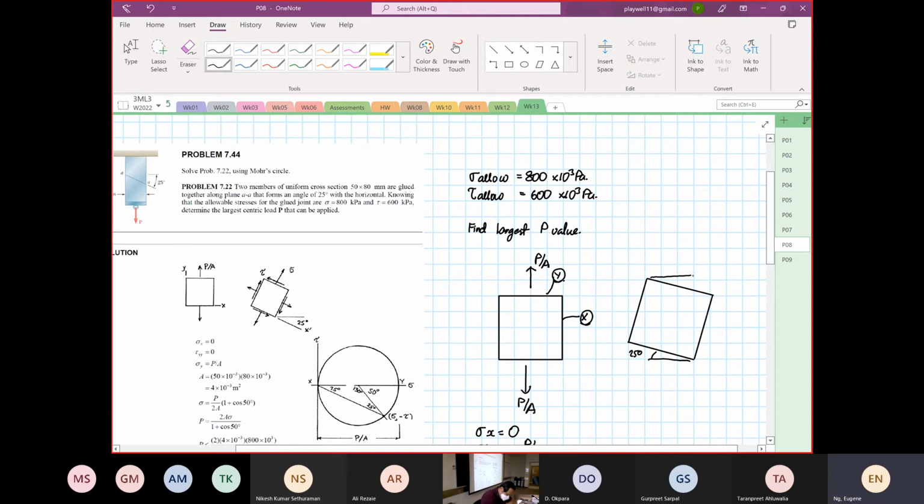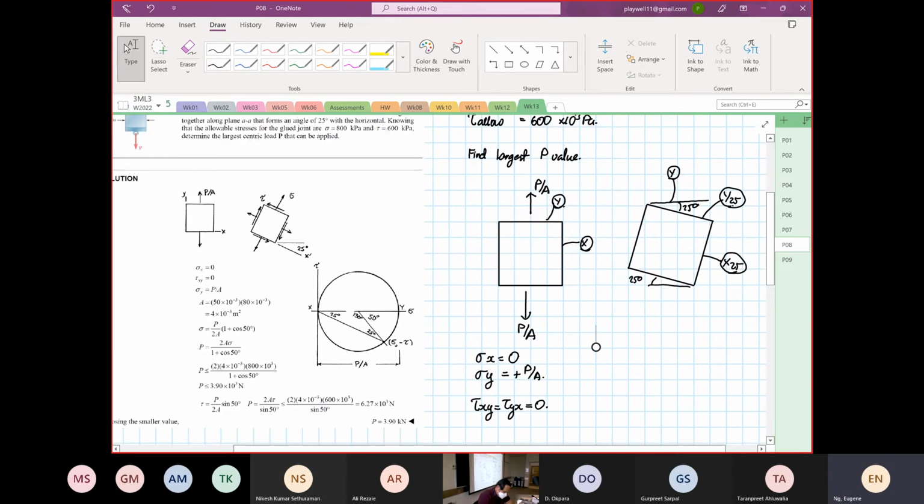Or you can look at it either way, 25 degrees. Okay? So if this is our Y, this point will be our Y25. And then this point, I'm going to call my X25. So we have our Y25, our X25.